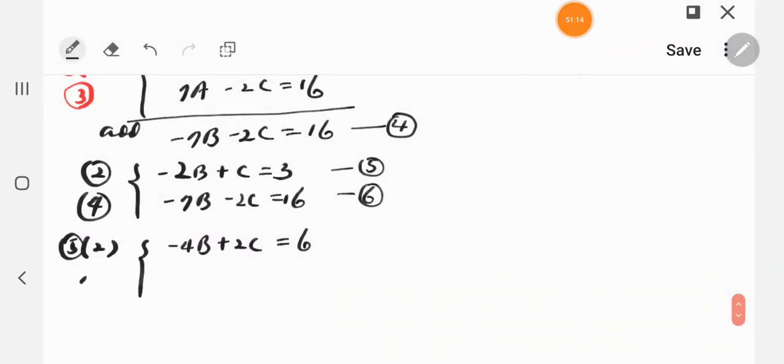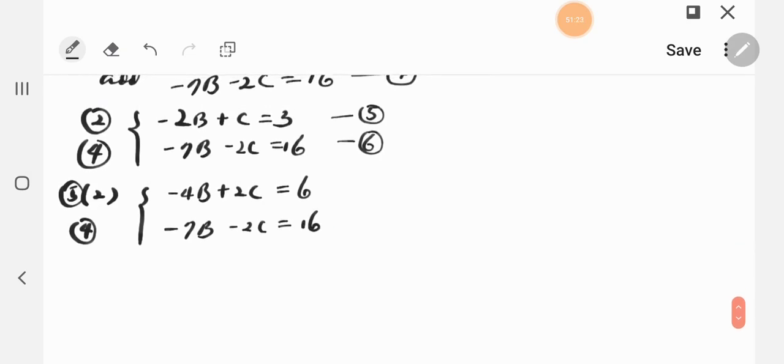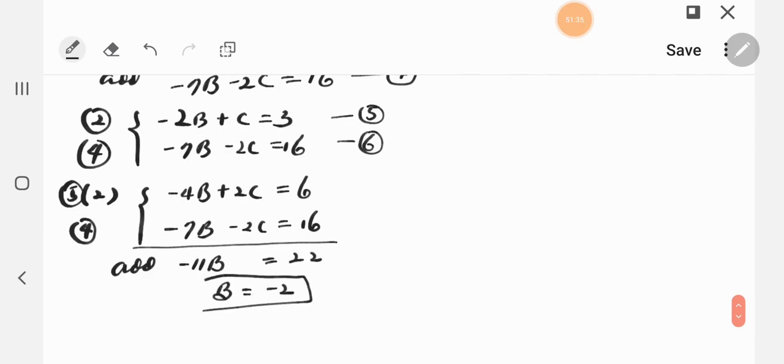Then the fourth equation is unchanged. Once we add these two, negative 11b is equal to 22. So b is equal to negative 2. Okay, we found the b value.